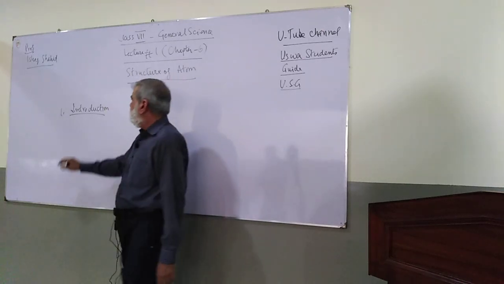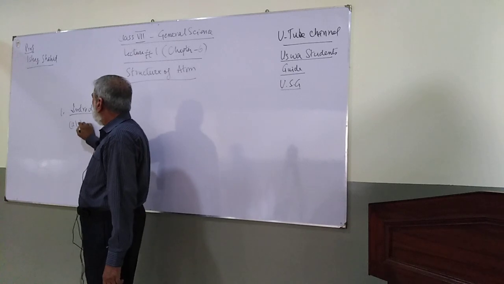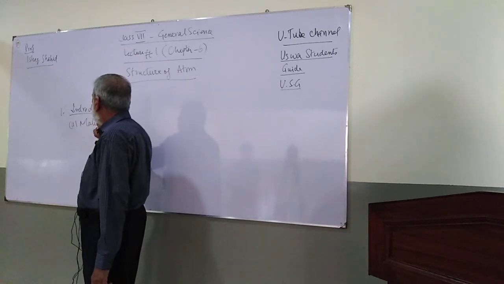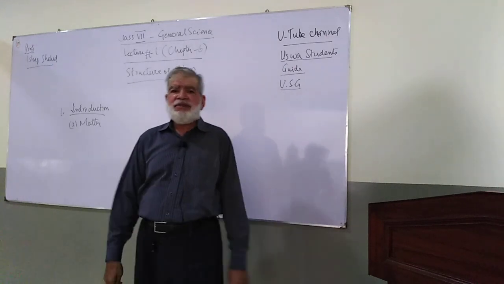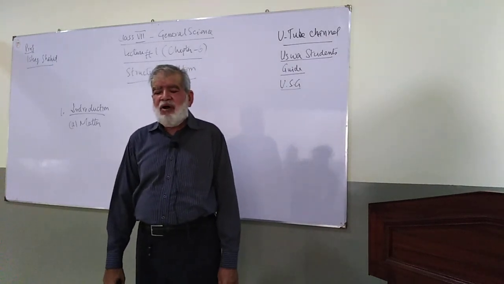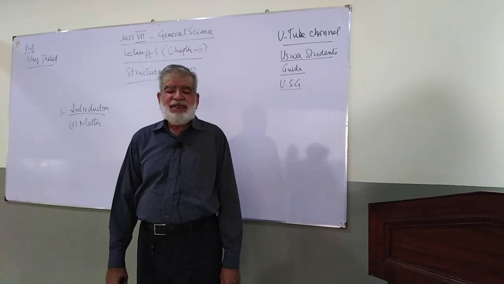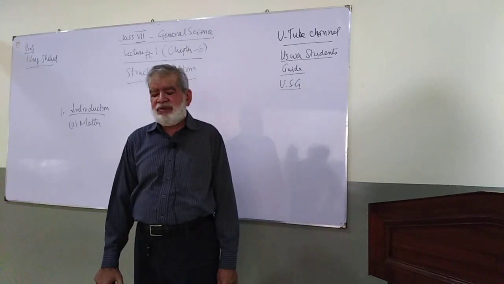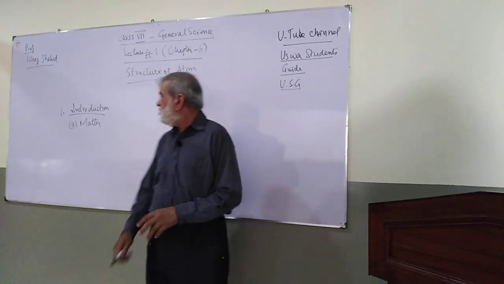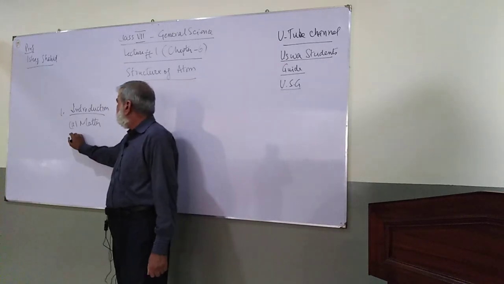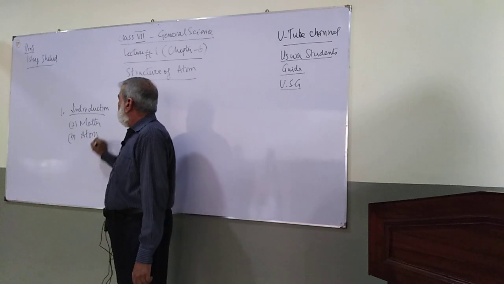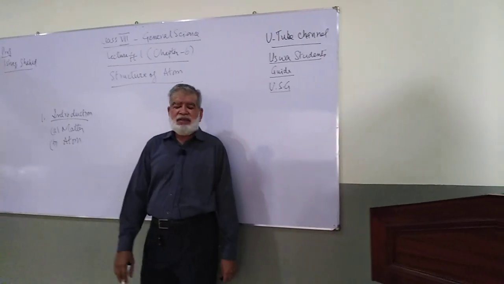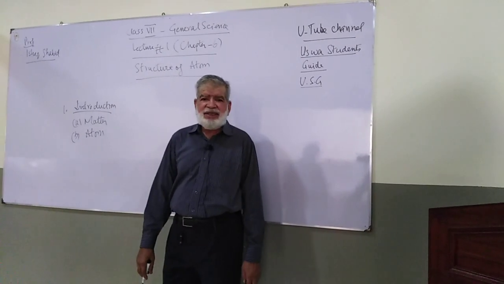A simple definition of matter is that which occupies space, offers resistance, and can transfer motion. Matter is composed of atoms, which are the smallest particles which cannot exist independently.